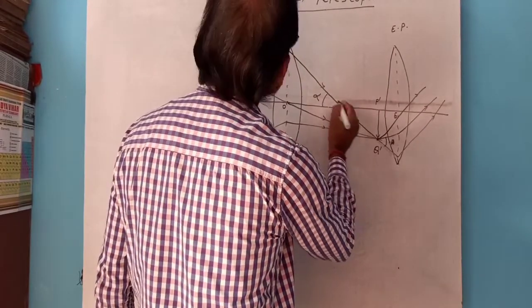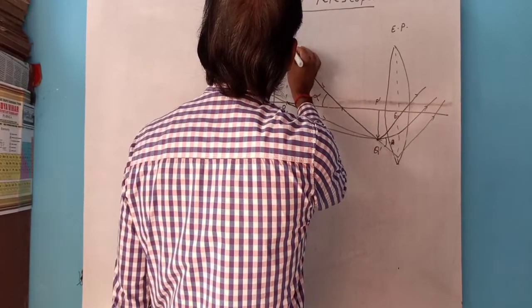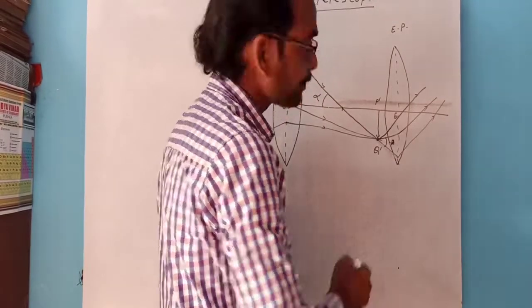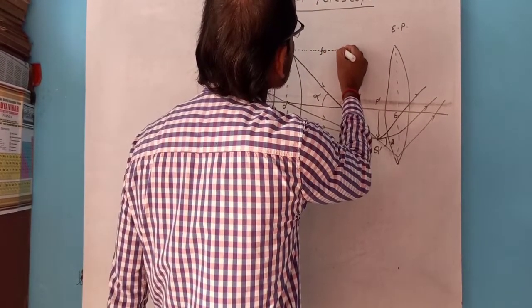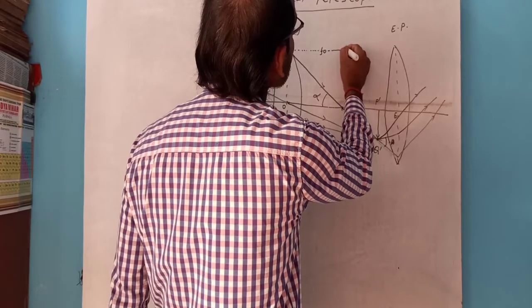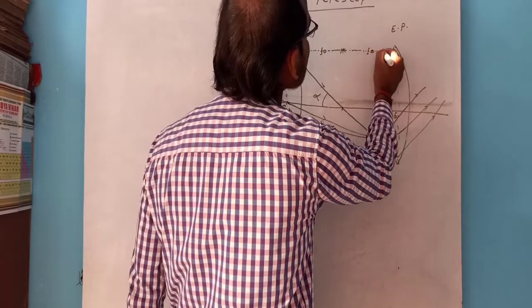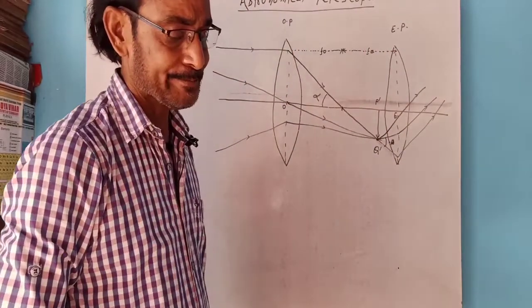The distance between the two lenses, objective piece and eyepiece, is FO plus FE.